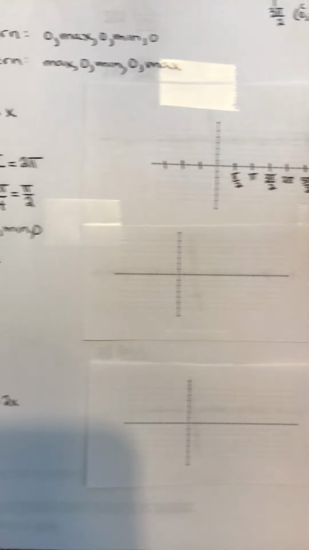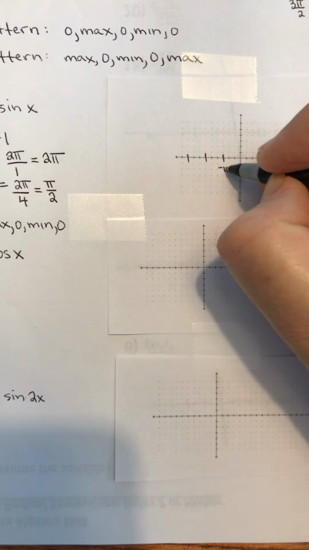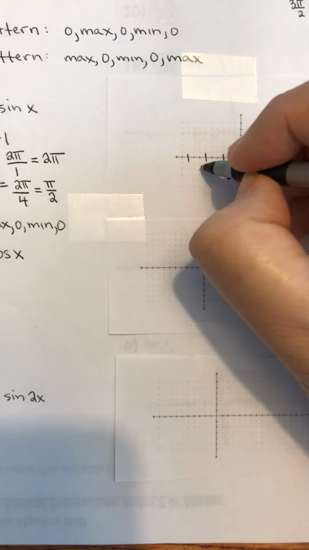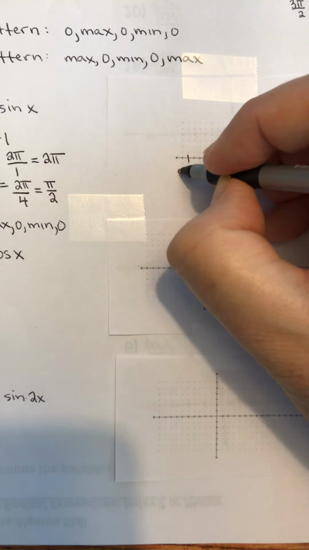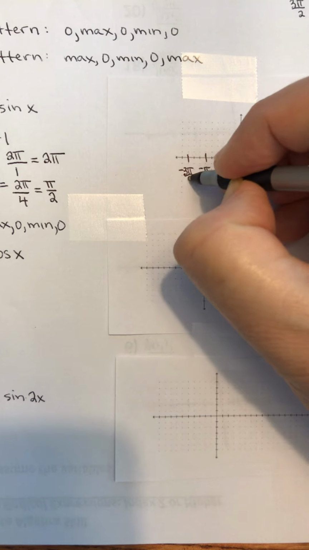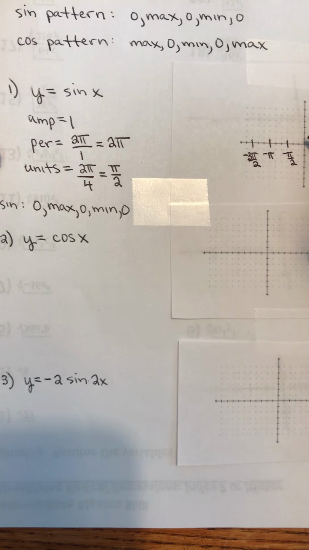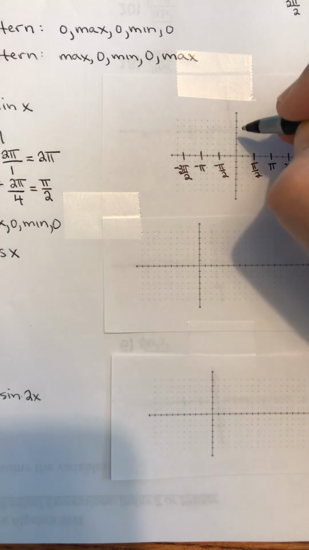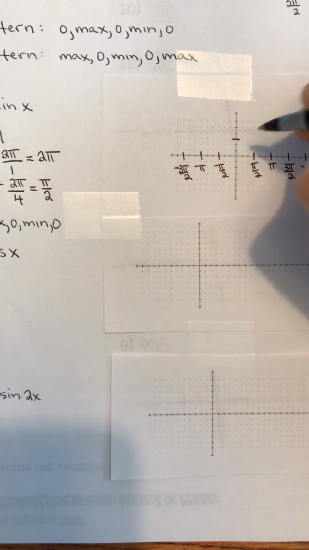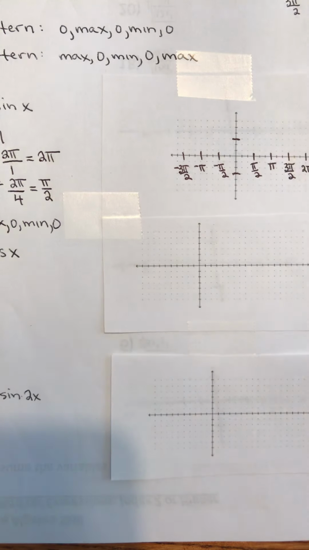Okay, now in the other direction, negative 1 pi over 2, negative 2 pi over 2, negative 3 pi over 2. And I know my amplitude is 1. I don't want to use these tiny little marks on the y-axis, so I'm going to go up 3 units to represent 1. That's fine.